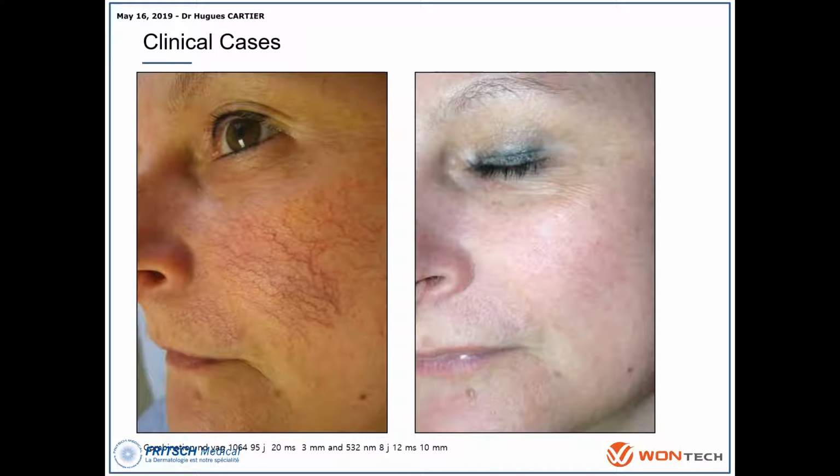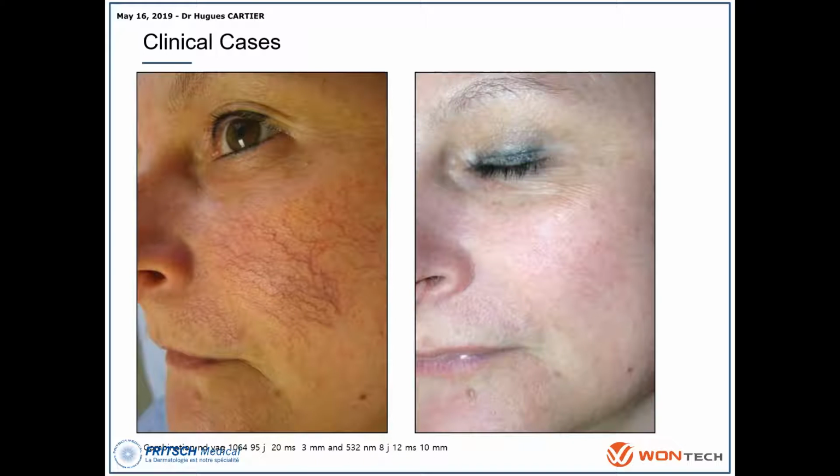You can make a test before treating all the area, with a 10 millimeter spot diameter, so it takes maybe less than 10 minutes to cover all this area with low pain for the patient, because the cooling handpiece is very important. You have to take time, you have to proceed step by step.